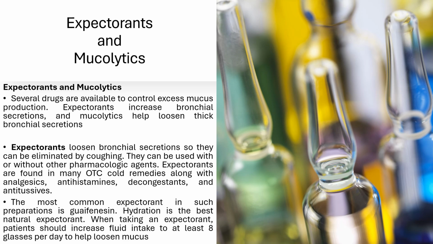Acetylcysteine is delivered by the inhalation route and is not available over the counter. It is used in patients who have cystic fibrosis, chronic bronchitis, or other diseases that produce large amounts of thick bronchial secretions.